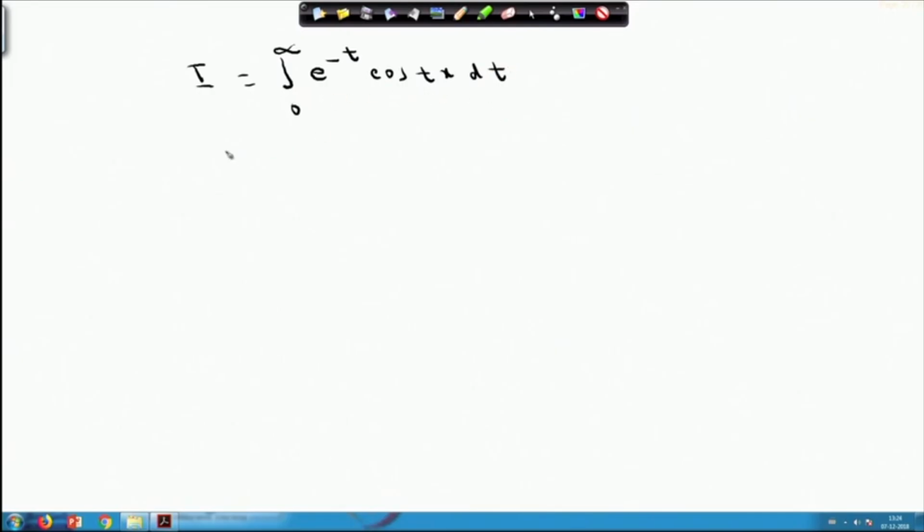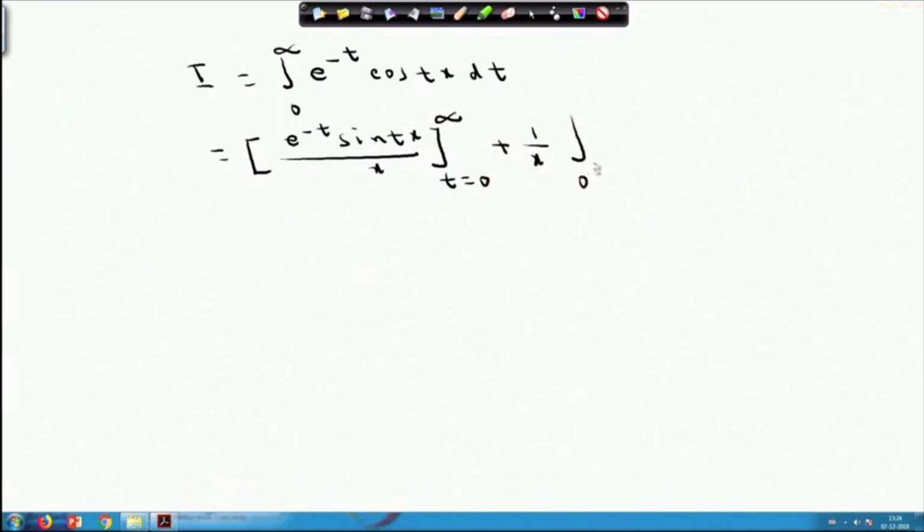Now, you can use integration by parts to evaluate the integral. So, the first one will be e power minus t times sin(tx) by x, where t will vary from 0 to infinity, plus 1 by x integral 0 to infinity e power minus t into sin(tx) into dt.